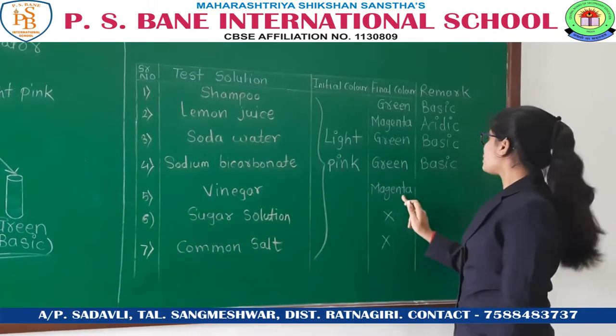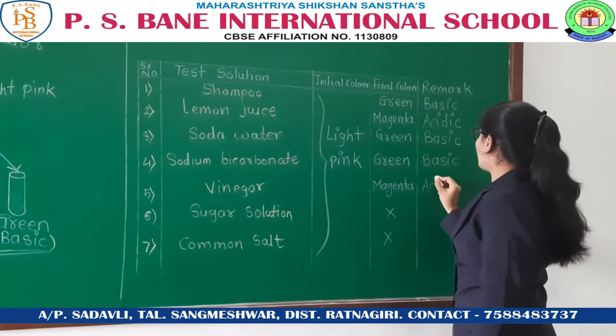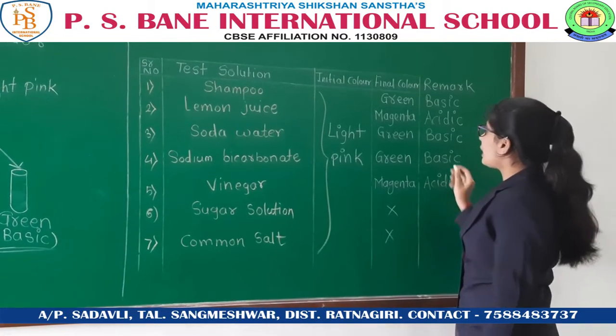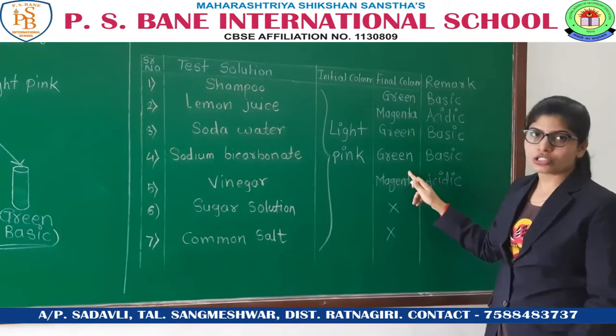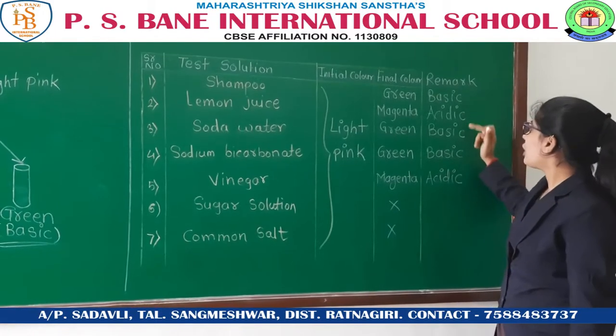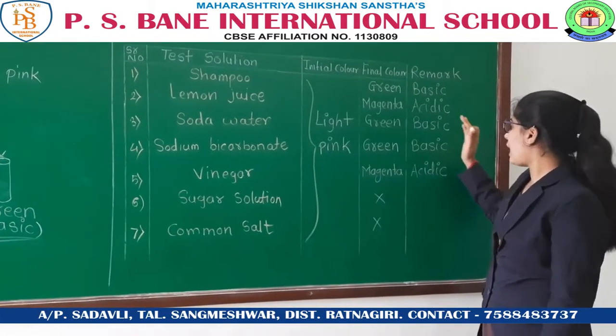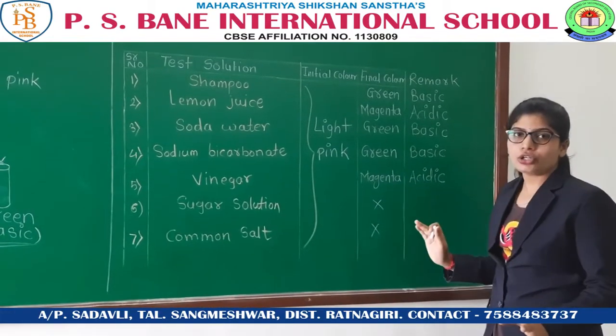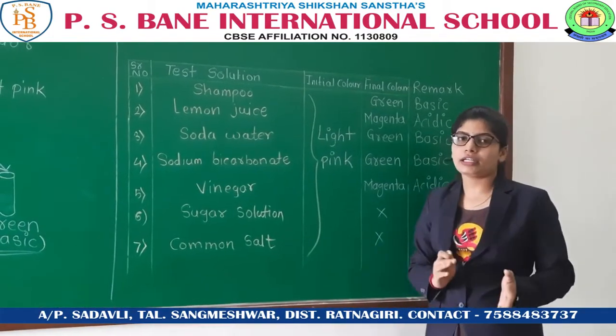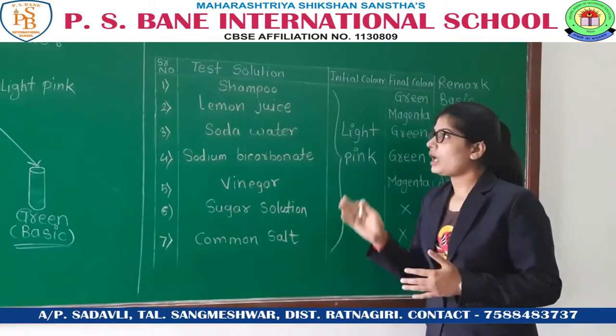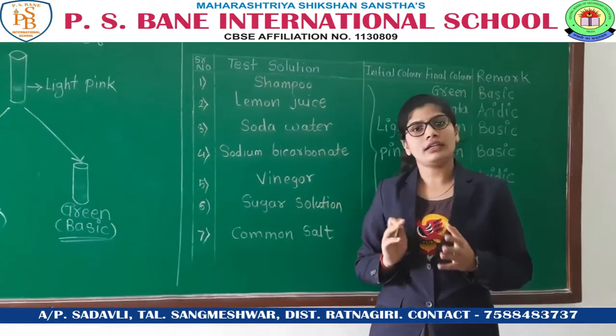Vinegar, magenta, right, here acidic. So whatever green color solutions are there, they are basic in nature, and magenta color solutions are acidic in nature. Understood? Both indicators, turmeric solution as an indicator and China rose as an indicator.